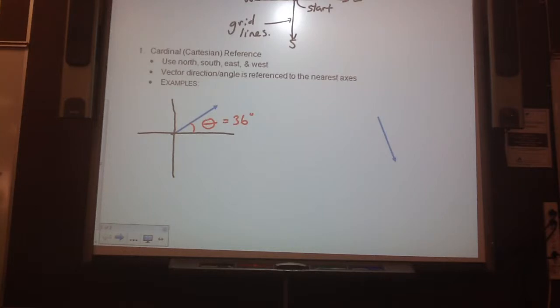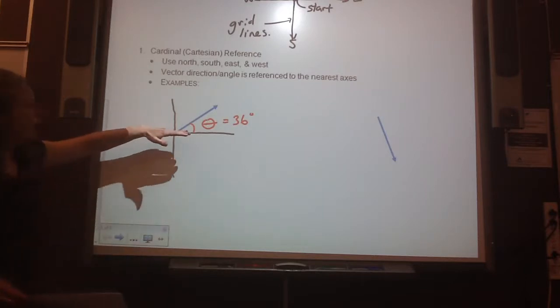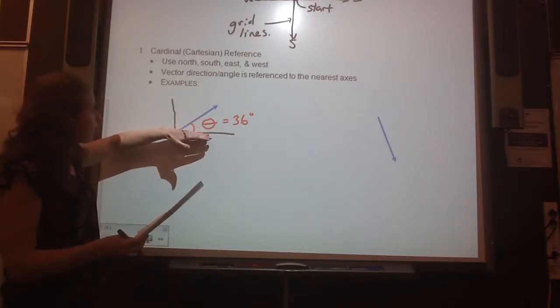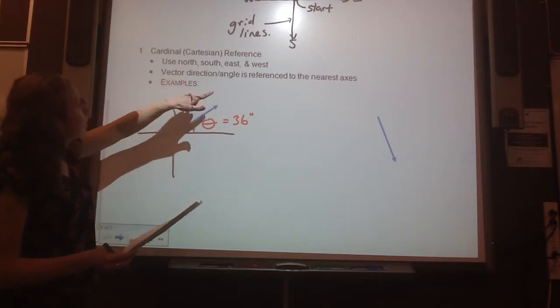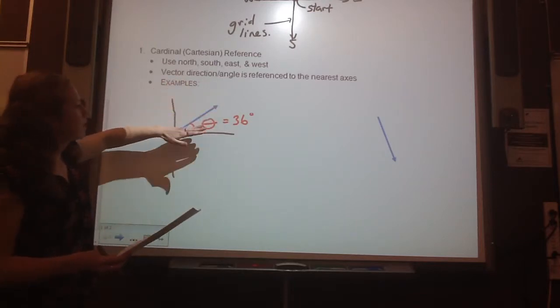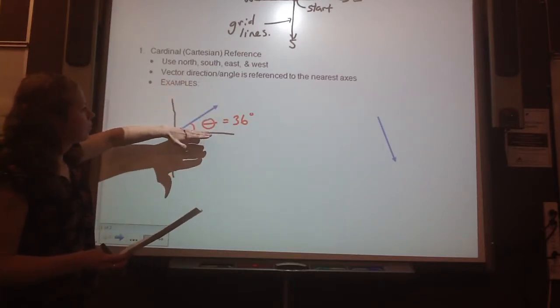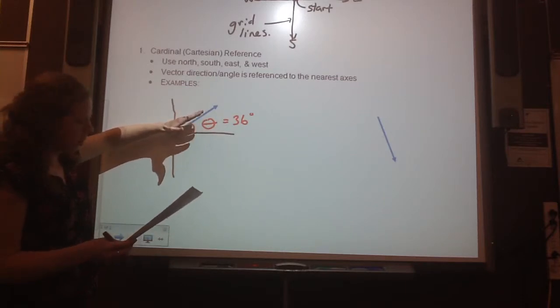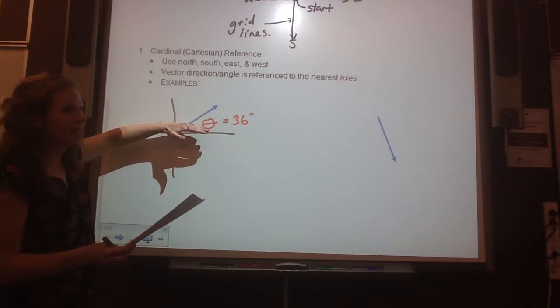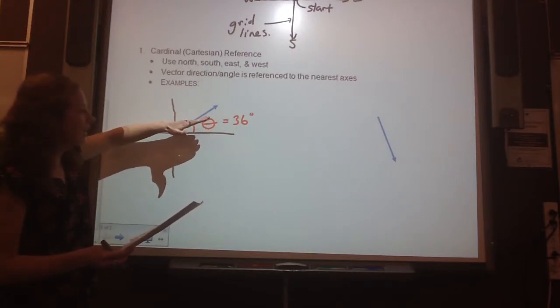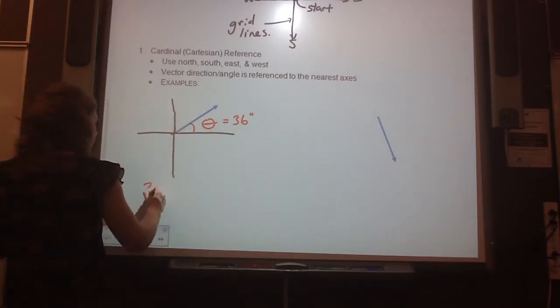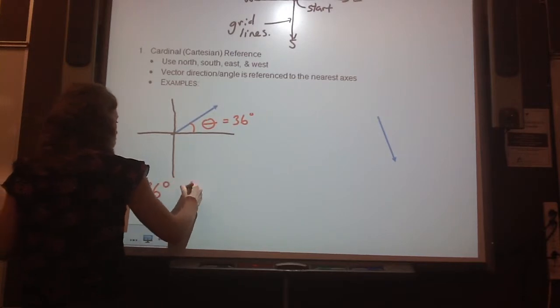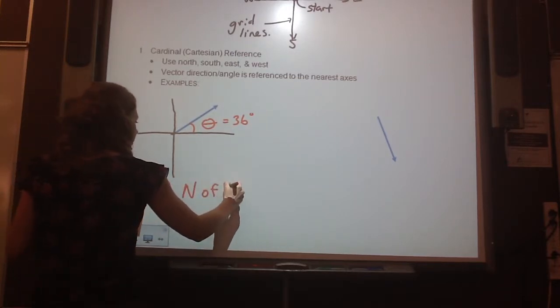So when I do this, I can say, I'm going to start here. So the vector direction angle is in reference to the nearest axis. So this is near to the east axis. So this is 36 degrees north of east.